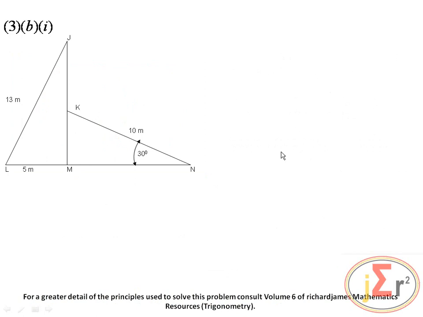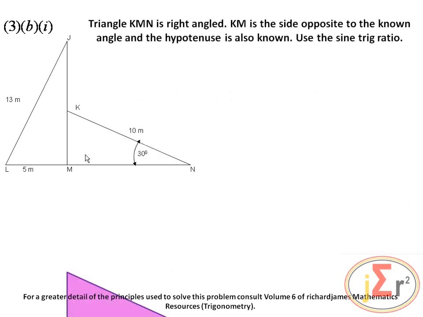Given the particular setup, we are first required to find the length KM. Of course, KM is one side in a right angle triangle that we have right here highlighted.